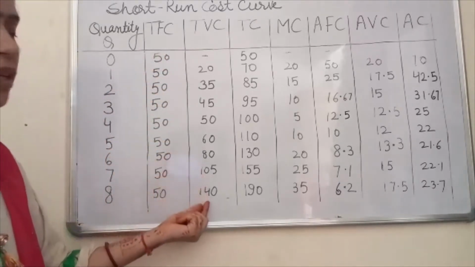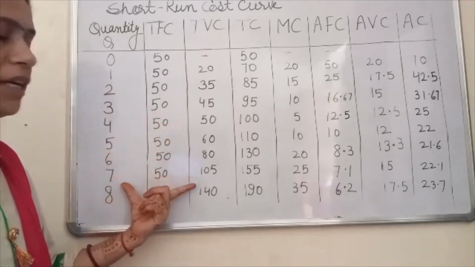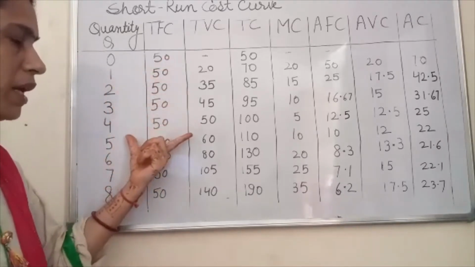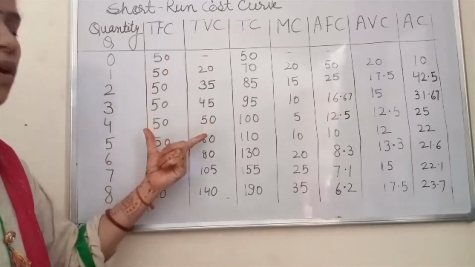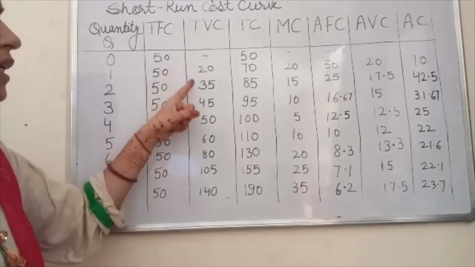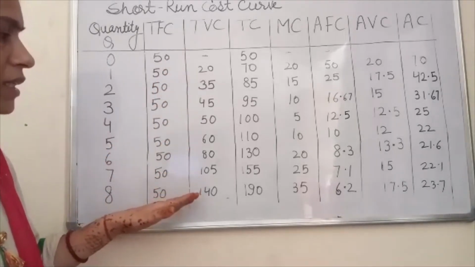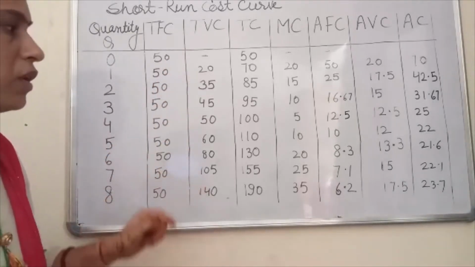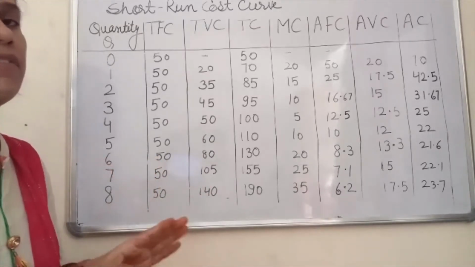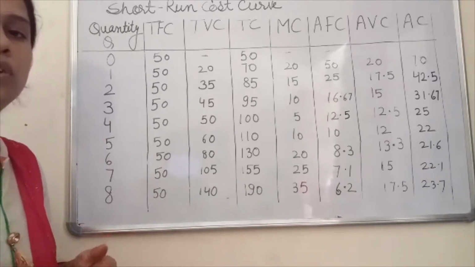Now we see total variable cost. Total variable cost is directly related to the production level. As we increase production level, the total variable cost also increases, but it increases at decreasing rate in the beginning, and after that it increases at increasing rate because the fixed factors are fully utilized.